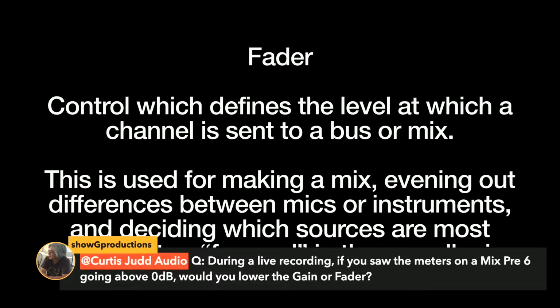So if the mix meter is going at 0 dB, then I would turn the faders down. But if the individual channel peak meters are hitting 0 dB, then you're definitely too hot on that channel and you need to pull it down with gain. And then if all the individual channels are healthy, then you just need to turn the faders down for the channels that are coming in too hot into the overall mix.